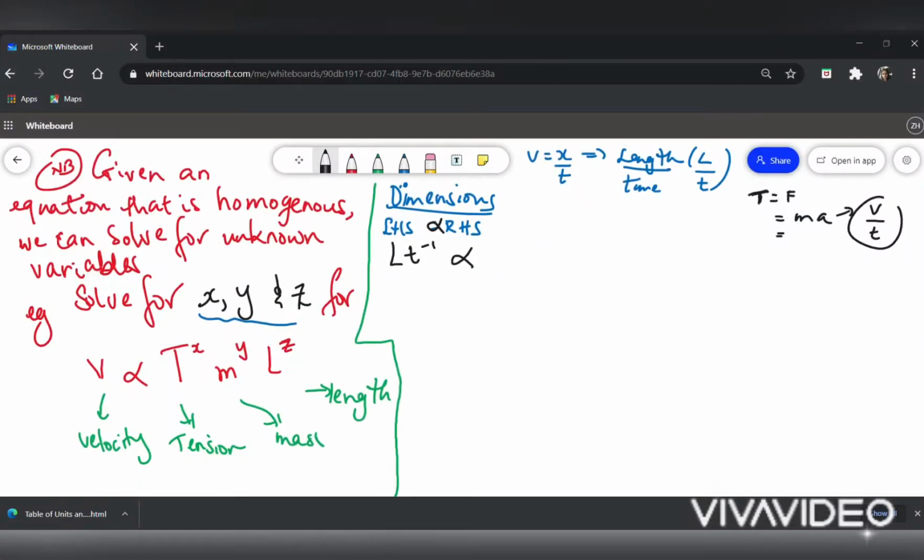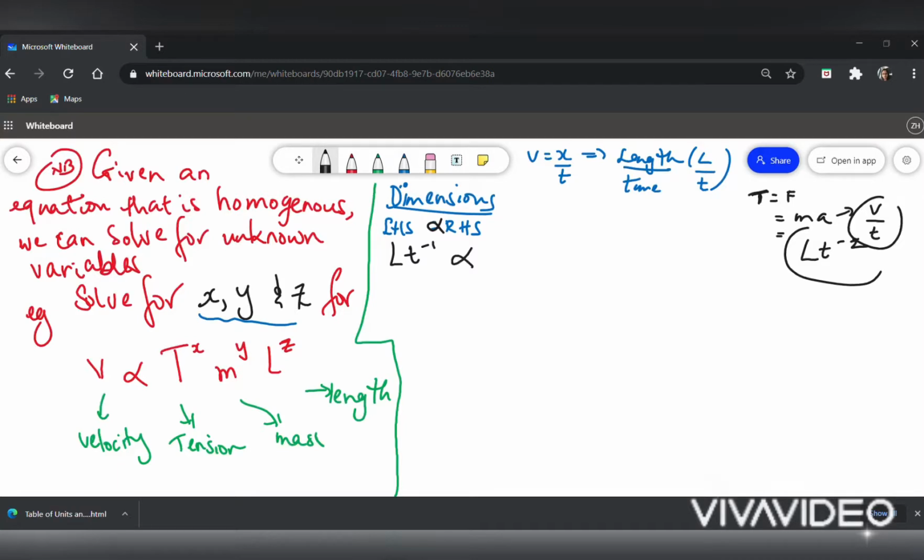Just to continue, if tension is a force and force is mass by acceleration, then our dimensions, and not our units, not to mix it up, will end up being length per unit time squared, because this will give us meters per second squared if we break it down in terms of units.